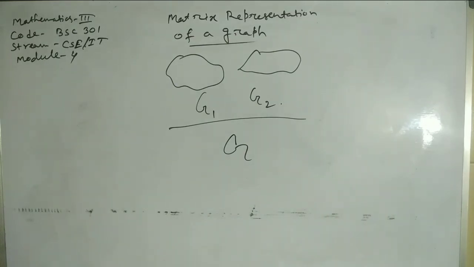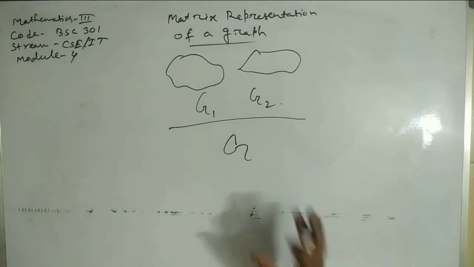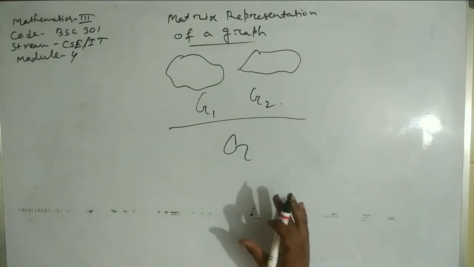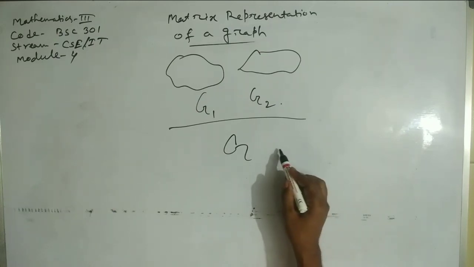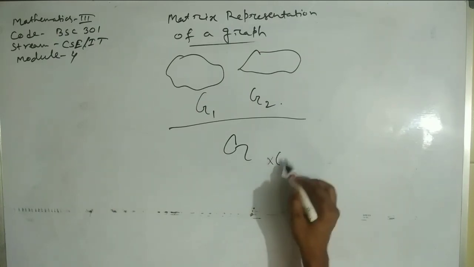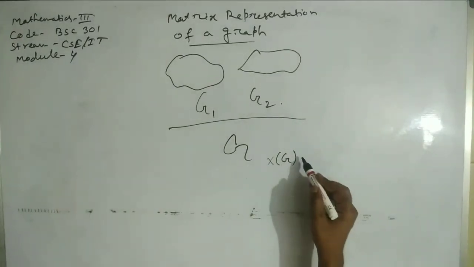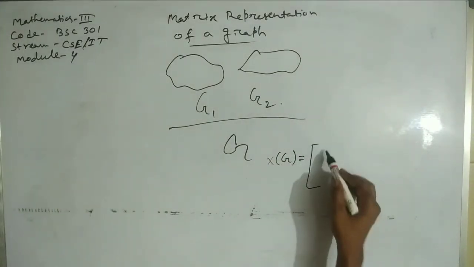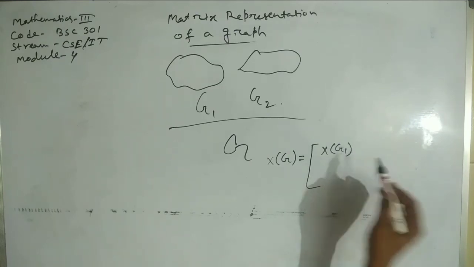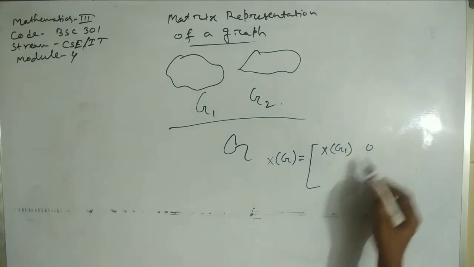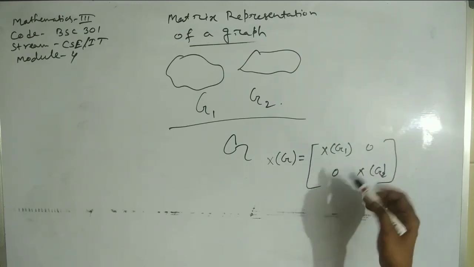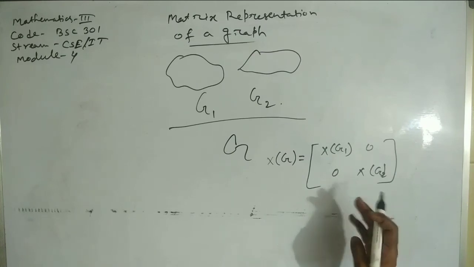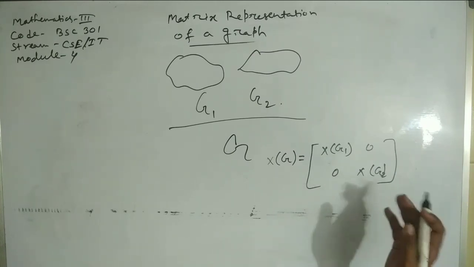Just a property I am telling you: by watching the matrix, you can say whether this matrix is for a connected graph or a disconnected graph. Suppose XG is the matrix. If the matrix can be written like this, XG1, 0, 0, XG2, if it can be separated like this, then you can say that the matrix is for a disconnected graph.